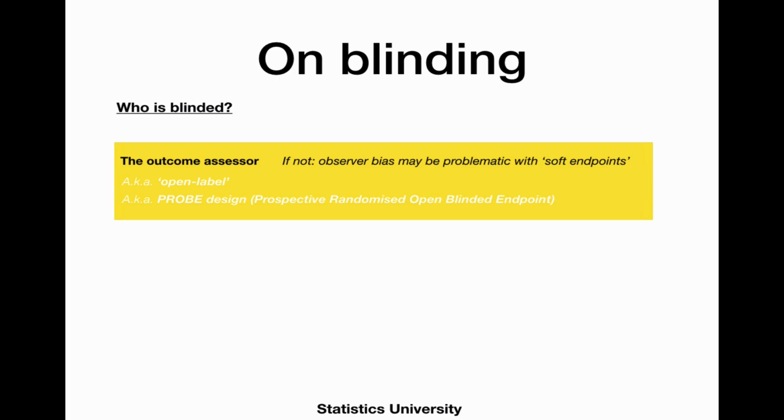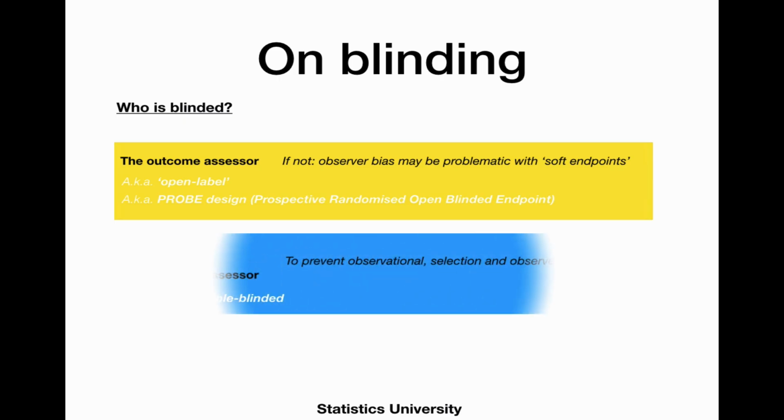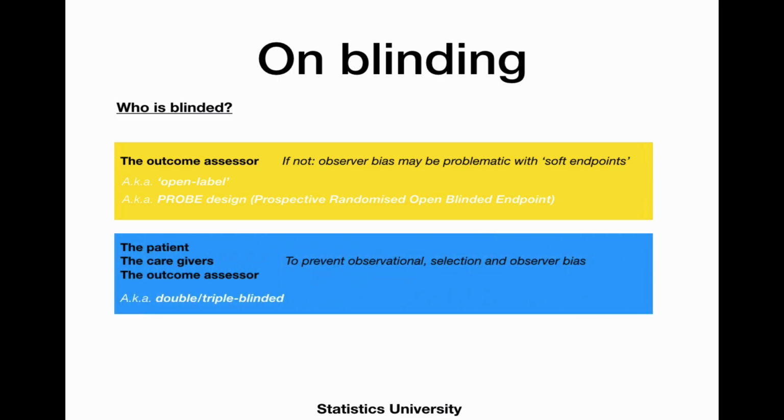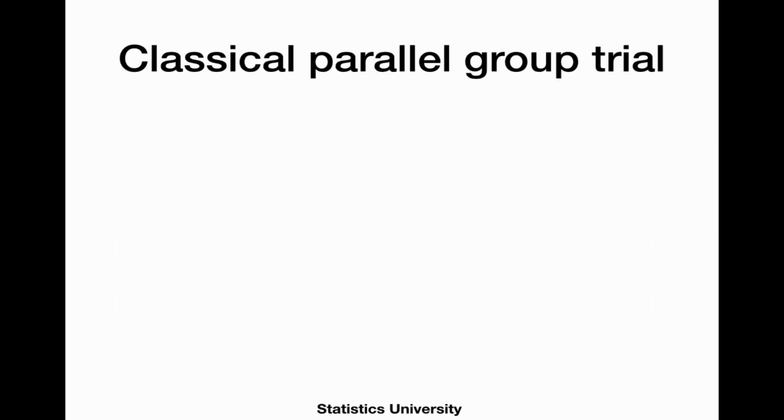And if the outcome assessor is not blinded, observer bias may cause problems, especially with soft endpoints. Now, if the patient, the caregivers, and the outcome assessor are blinded, we call this a triple blind study design. And we do this to prevent observational selection and observer bias. Now that's it on placebos and blinding.